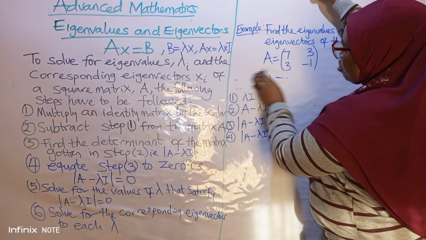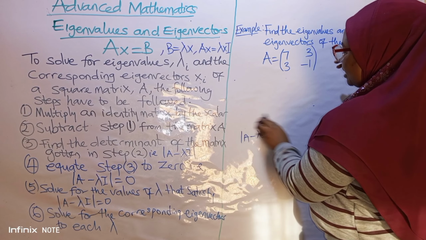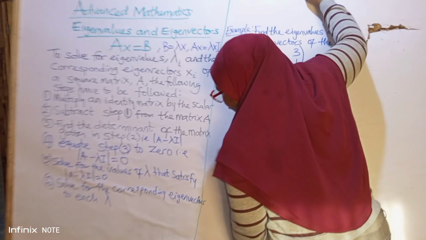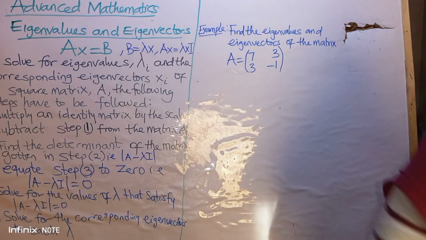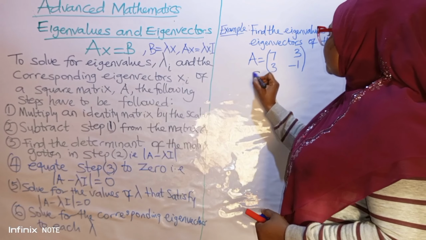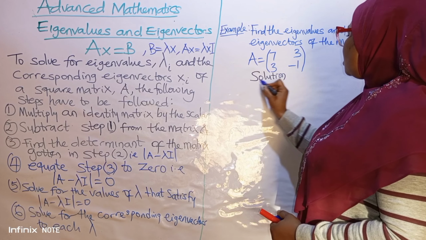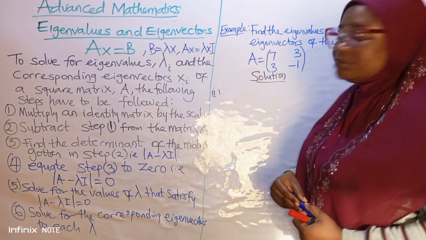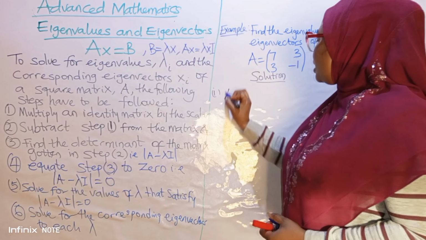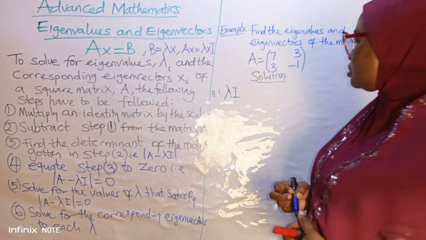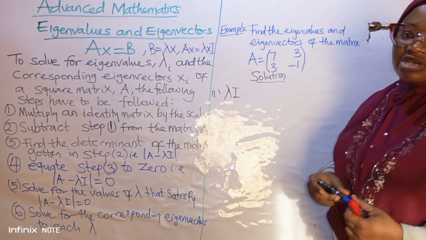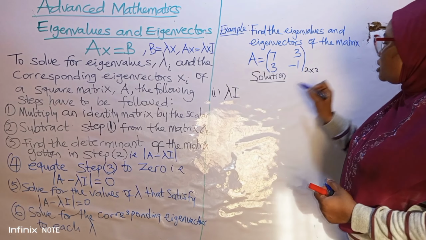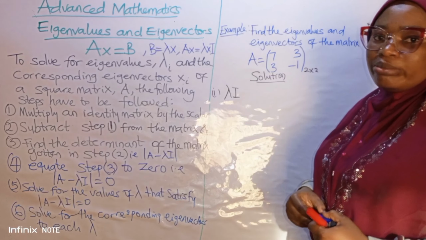Solution. Let's follow all these steps. The first step is to multiply an identity matrix by the scalar, so that would be lambda multiplied by the identity matrix I. The order of this identity matrix is determined by the order of the given matrix A. This is a 2 by 2 matrix, which means the identity matrix must also be a 2 by 2 matrix.